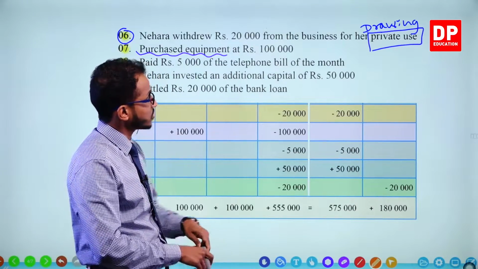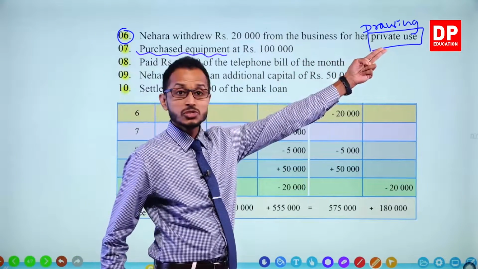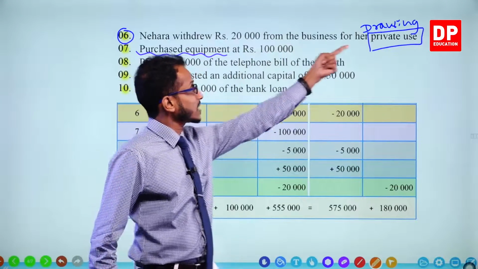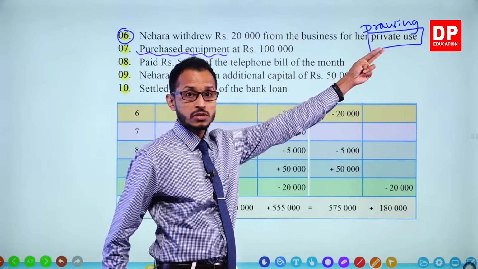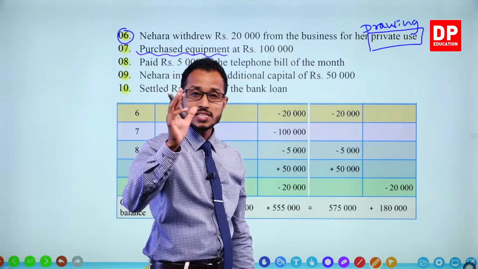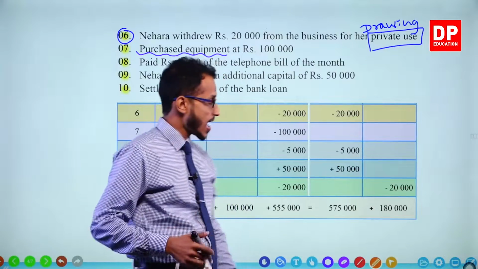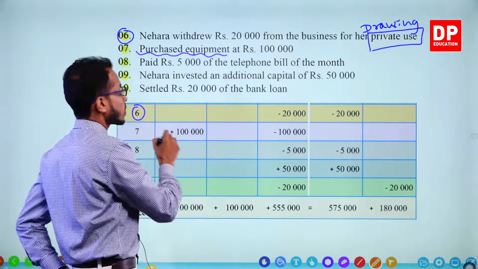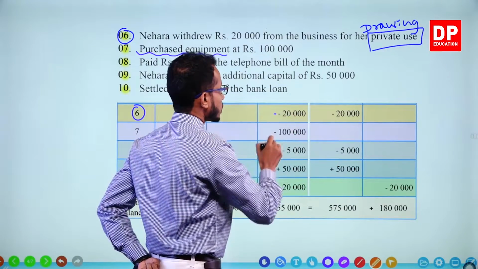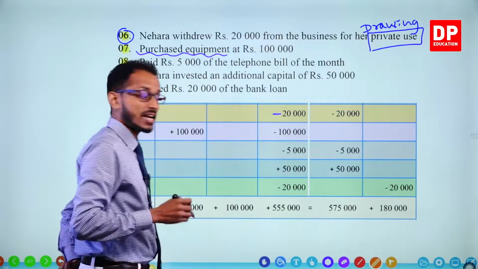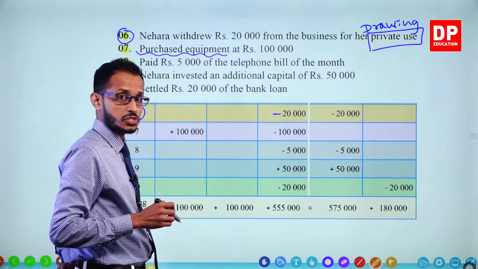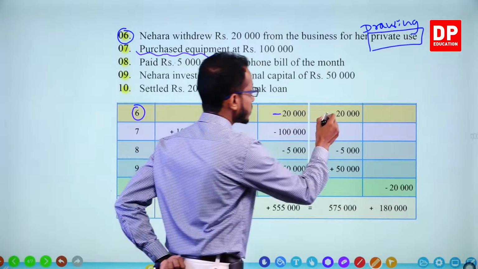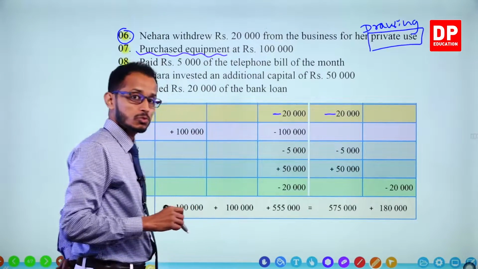Remember, owners' cash drawings or taking cash for their personal use, every single time we must, as well as deducting it from the cash, deduct it from the capital too.